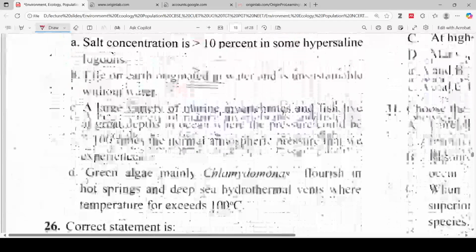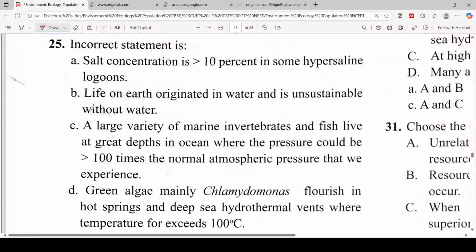Next question, incorrect statement. Salt concentration is higher than 10% in some hypersaline lagoons. Life on Earth originated in water and is unsustainable without water. A large variety of marine invertebrates and fish live at great depth in the ocean where pressure could be greater than 10 times the normal atmospheric pressure that we experience.